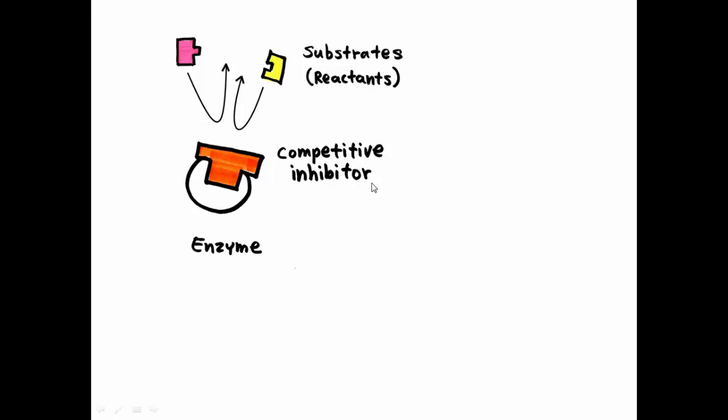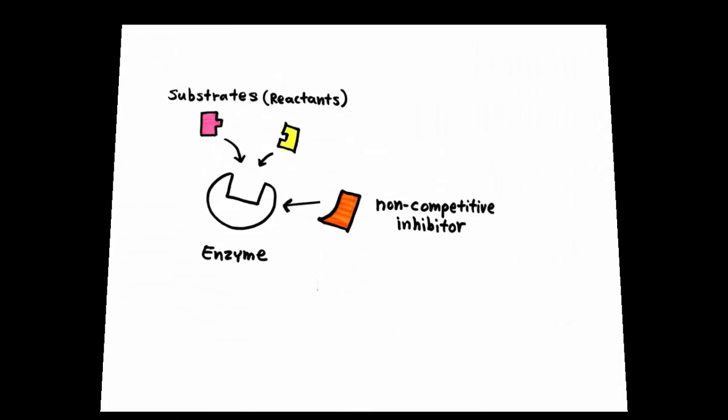If a competitive inhibitor ends up in the active site of an enzyme, it will block and prevent any substrates from entering. So once a competitive inhibitor attaches, it shuts down that enzyme from being able to catalyze the reaction.